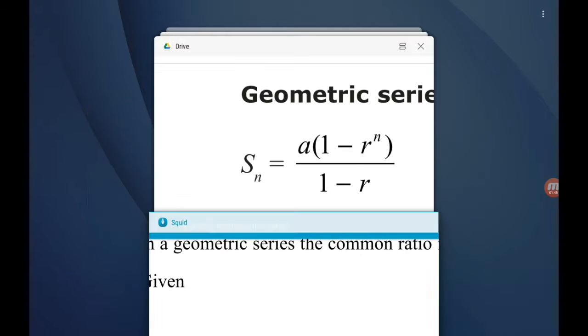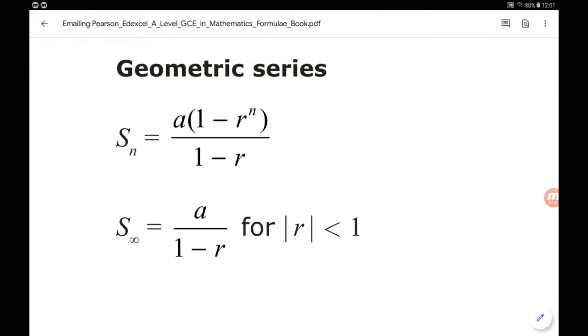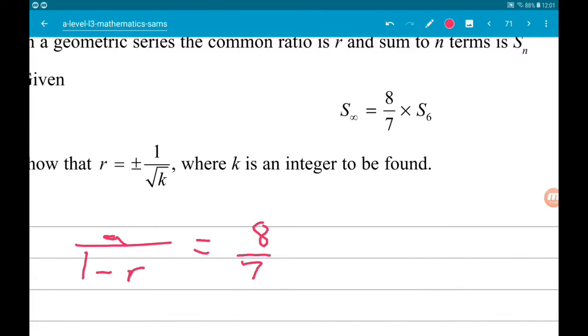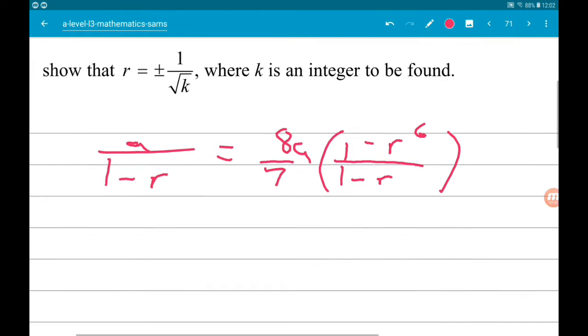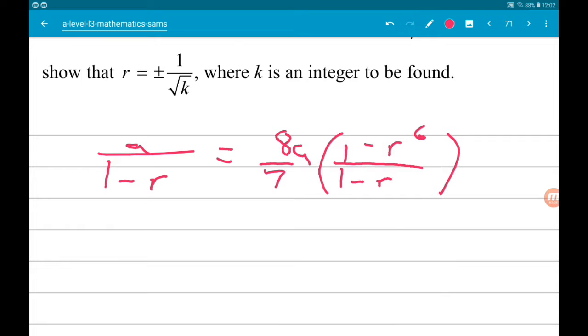Now the sum to 6 is going to be A times 1 minus R to the 6 over 1 minus R. So we're going to put that A with the 8, and then 1 minus R to the 6 over 1 minus R. Okay, so we now want to solve this for R. So, both sides have a 1 minus R on the bottom, so we can multiply through by that.